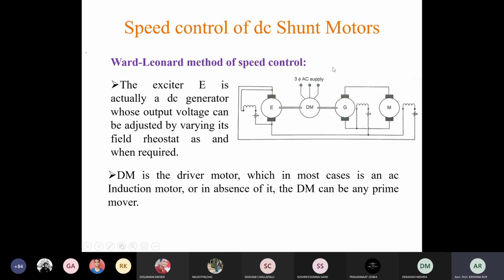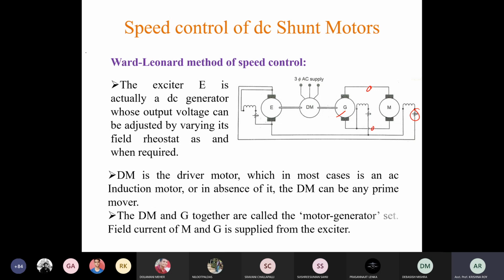So by using this voltage control method, that means by feeding variable voltage generated by this generator, we can control the speed below rated speed, and by varying this rheostat we can control the field flux of this motor, thereby changing the speed above rated speed. Okay. Any question up to this?